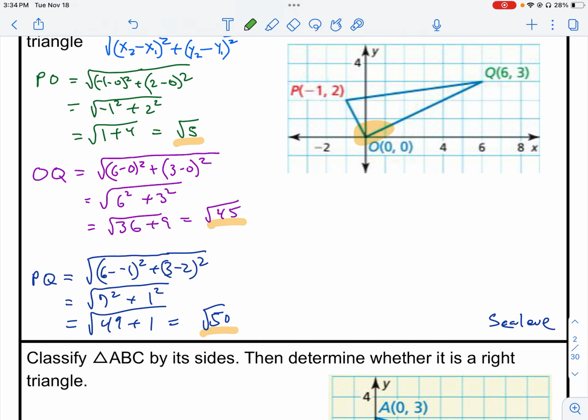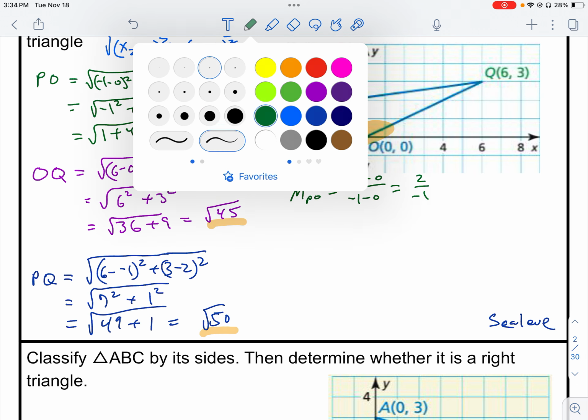So I'm going to do the slope of PO. I've got the change in Y over the change in X, which equals 2 over negative 1, or negative 2, but since we're just comparing them.